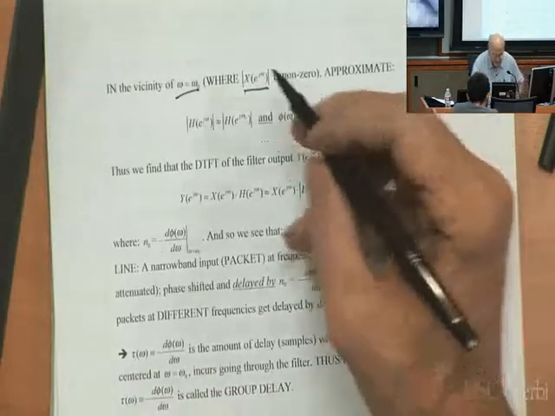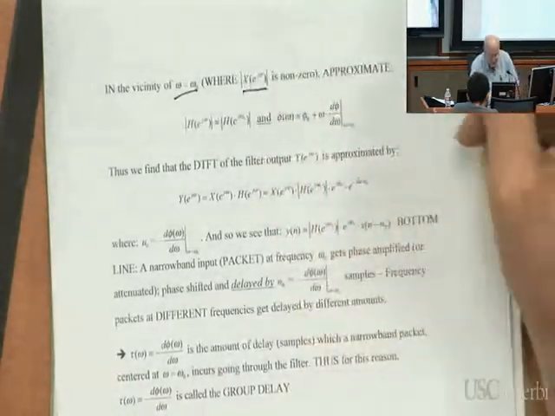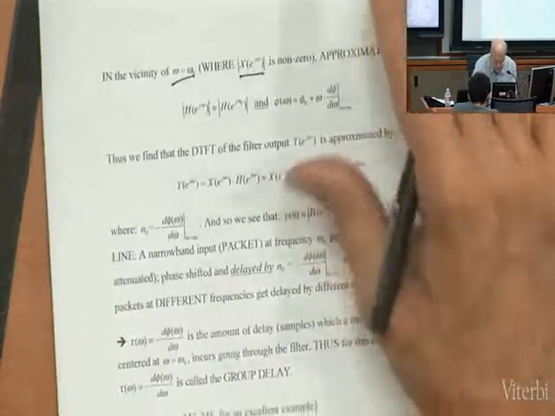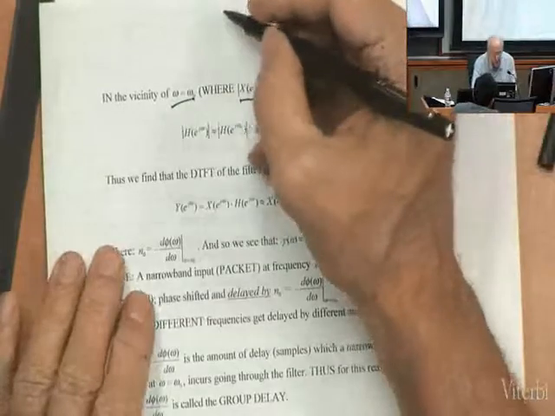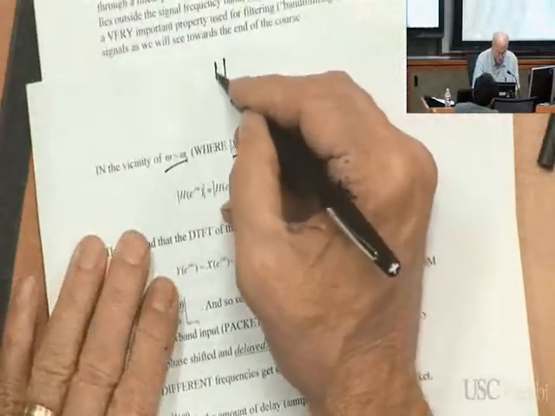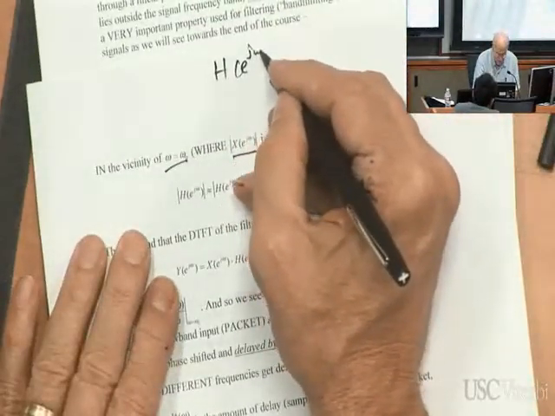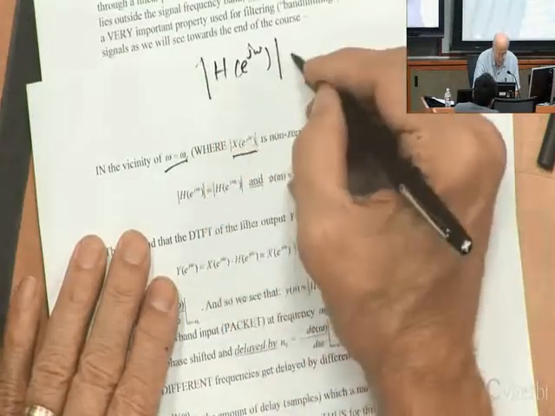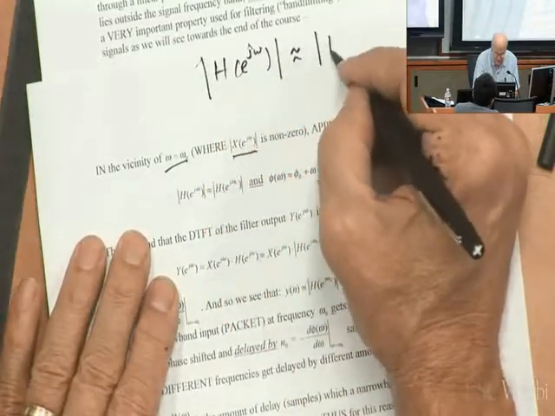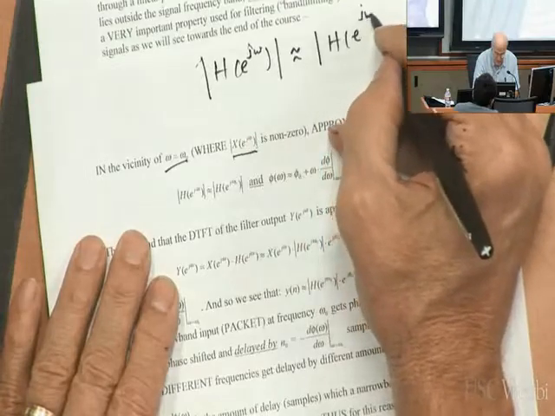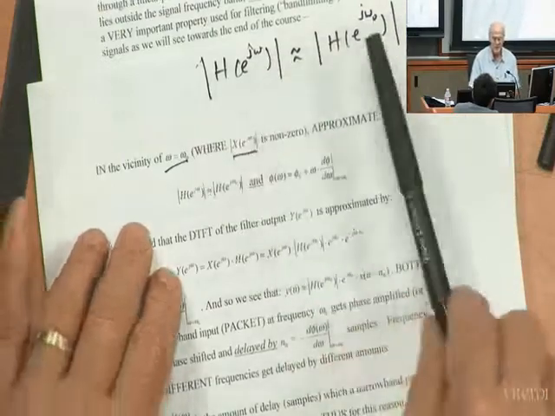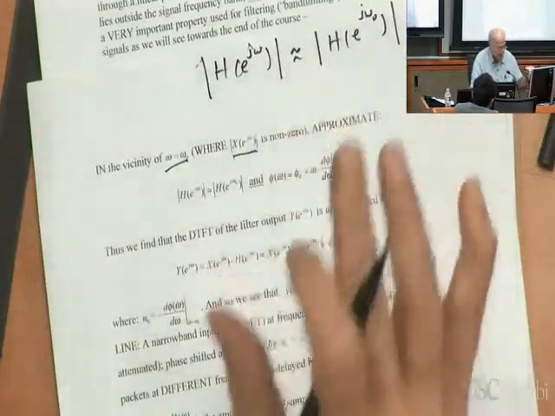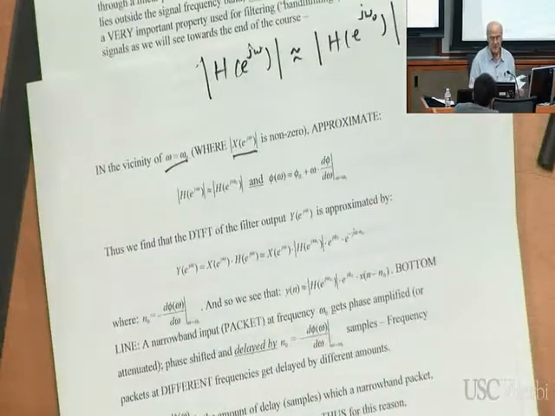So, in the vicinity of omega equals omega naught, we're going to approximate the magnitude of H of e to the j omega by just the constant value, the magnitude of H of e to the j omega naught. Now you say, well, that's not a good approximation. In general that's true, obviously, unless H of e to the j omega were all-pass.